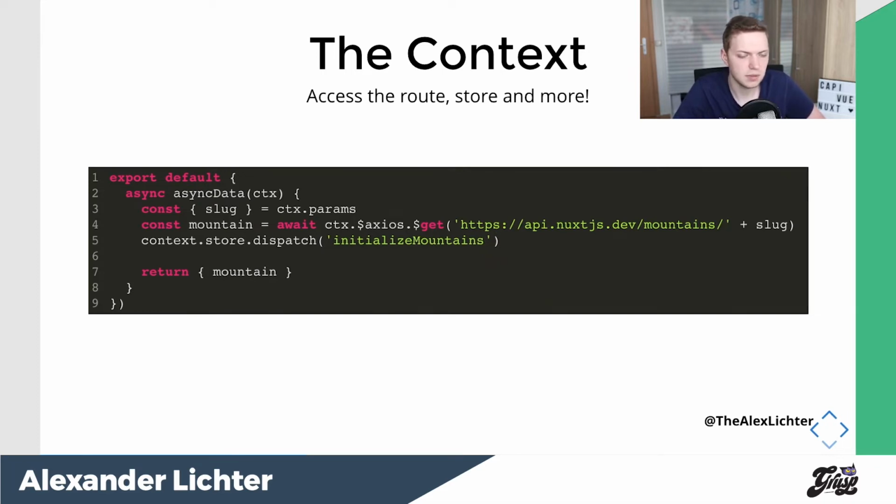As an example here with asyncData, another way to fetch data in Nuxt, you can get, for example, the parameters through the context, the route, your modules like context.$axios in line 4, and you can also get the store and dispatch actions here. The context is especially important if there's no this. For example, in asyncData, which is called before the component is even initialized, there is no this because there's no component. That's why the context is pretty important here.